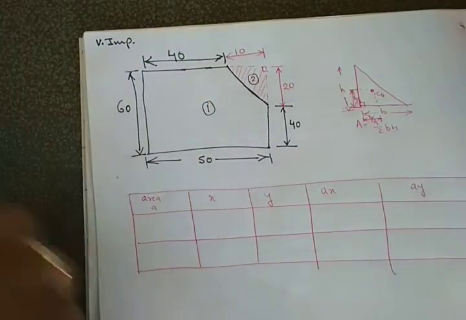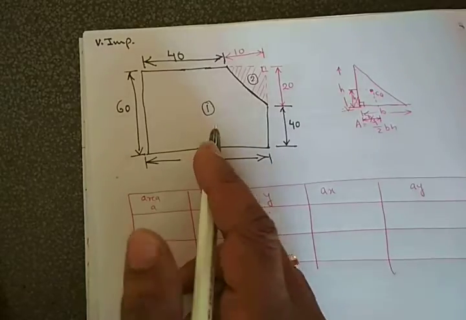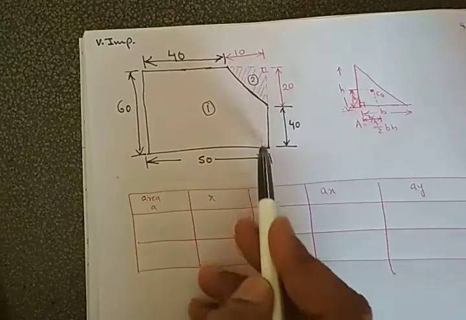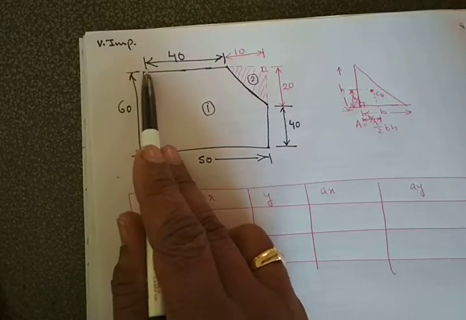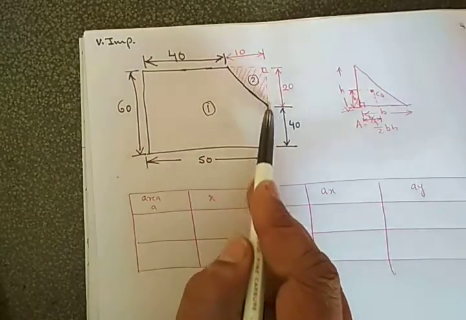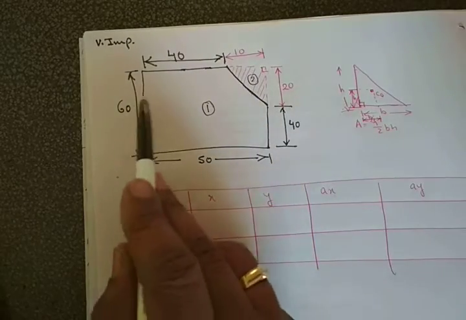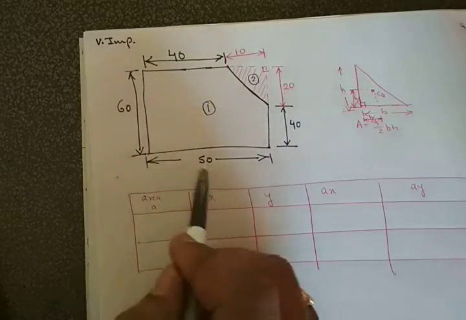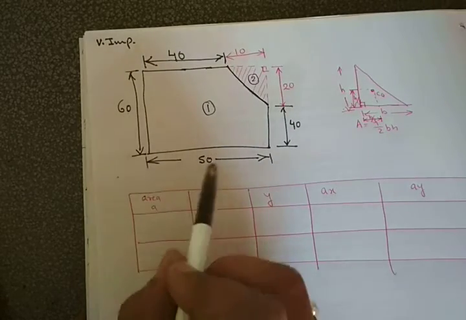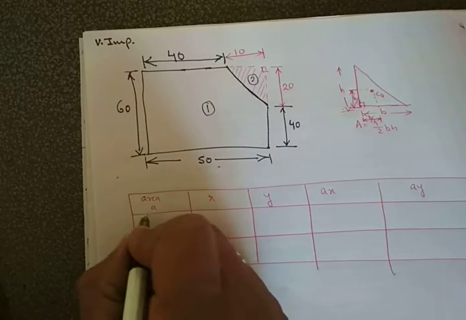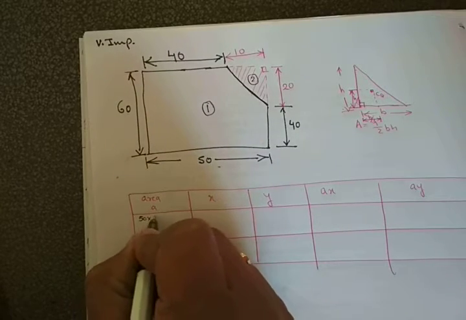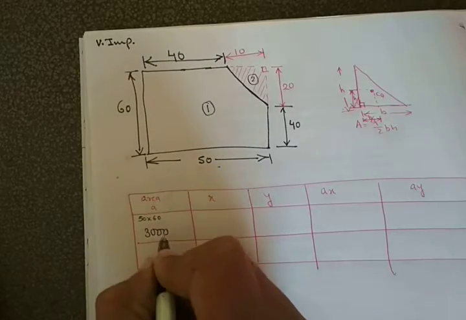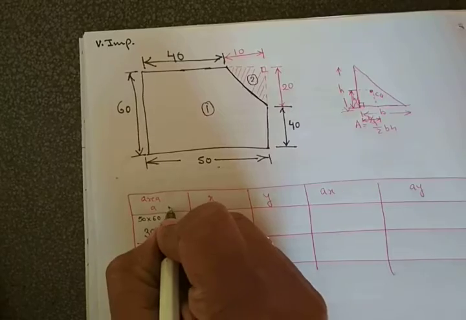Now what is the area of the first section? First section we are considering the whole rectangle, so the dimension of this figure will be 50 by 60. The area is 50 multiplied by 60, so the area of the first figure is 3000 mm square.